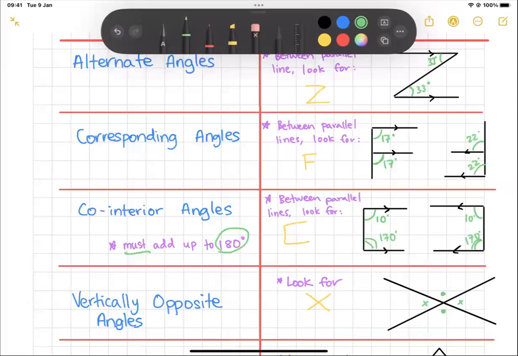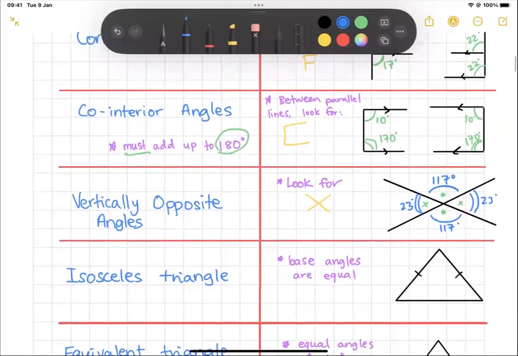Okay, so for example, if I have an angle of 117 degrees, this angle must be 117 degrees. This angle, let's just give it a shot, 23. The other angle must be 23. Okay.